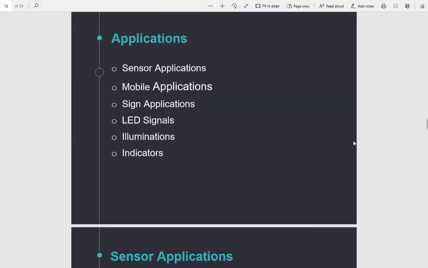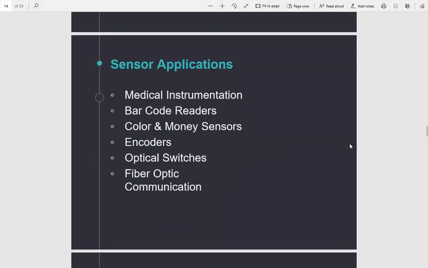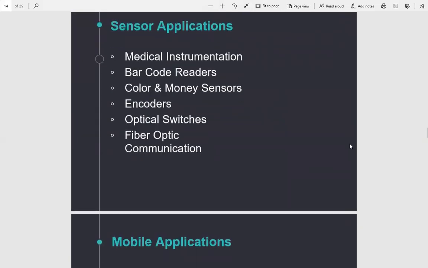Applications of LED. LED can be used in sensor applications, in mobile applications, as sign applications, in LED signals, and in illuminations as indicators. In sensor applications, it is used as medical instrumentation, in barcode readers, color and money sensors, encoders, optical switches, fiber optic communication.